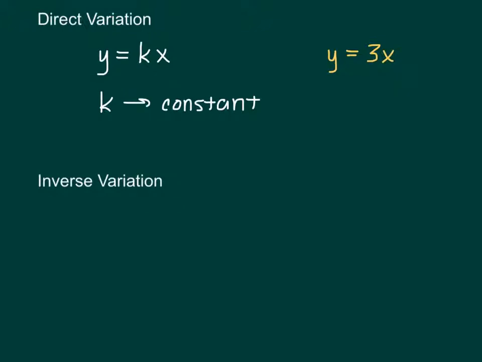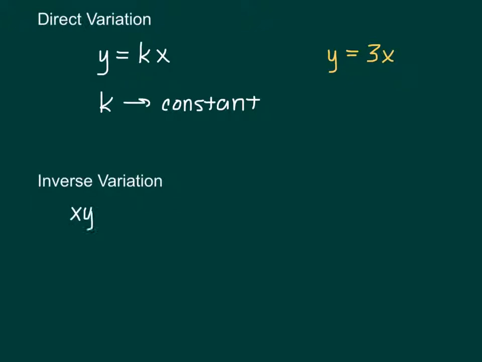Inverse variation then, if one of the values increases, the other value must decrease. And vice versa. If one goes up, the other must go down. And the formula for that you can think of in two ways. Direct variation, I think this is the easiest way to think about it. Inverse variation, sometimes there's a choice.